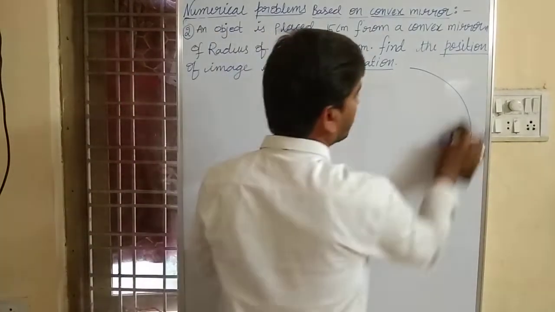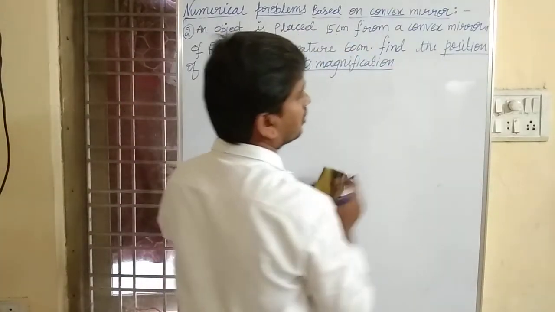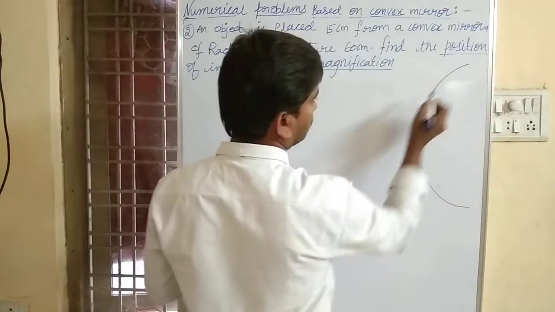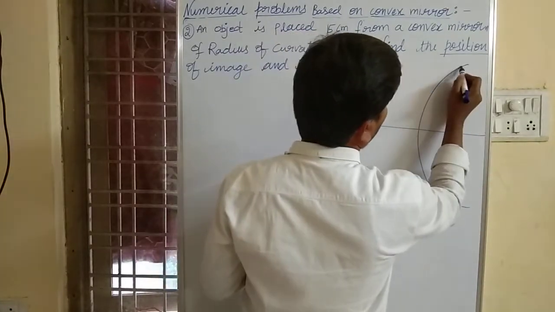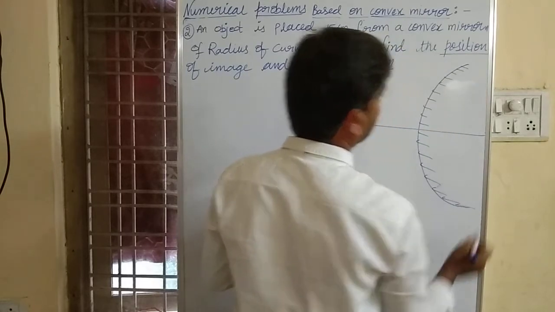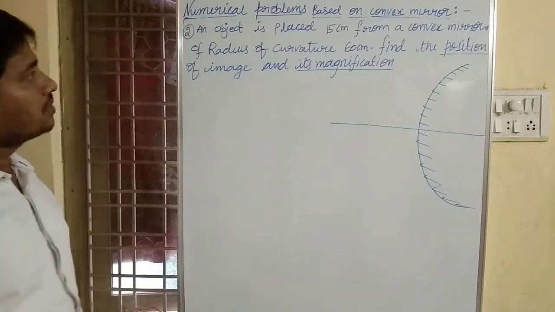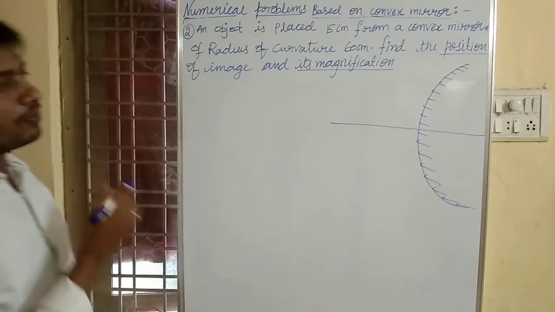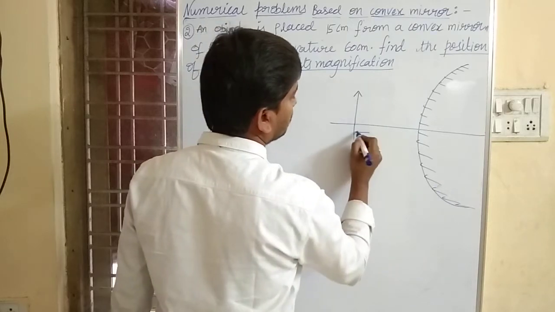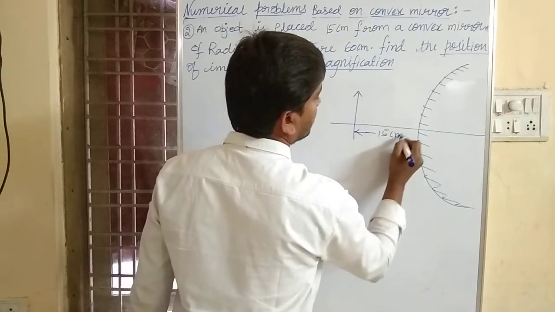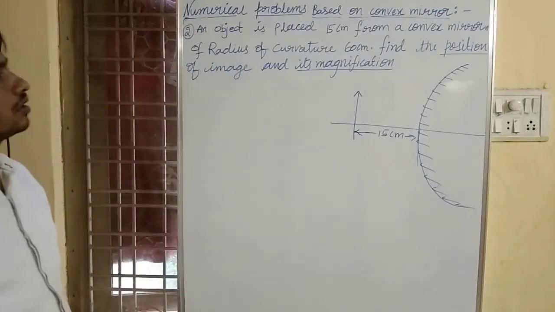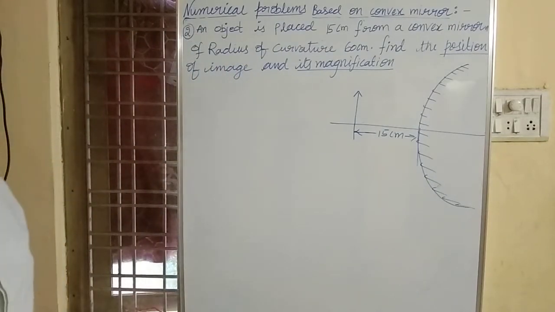An object is placed 15 cm from a convex mirror. So this is my object, which is placed 15 cm from a convex mirror of radius of curvature 60 cm.